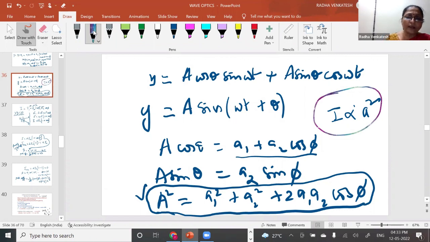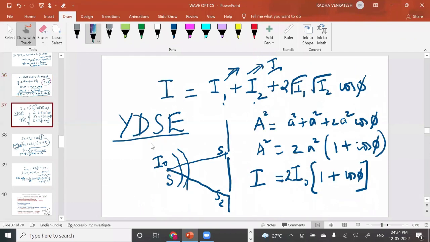So if I want to rewrite this equation, a squared is equal to a1 squared plus a2 squared plus 2a1a2 cos phi, in terms of intensity, a squared will be replaced by I, correct? What will a1 squared be replaced by?